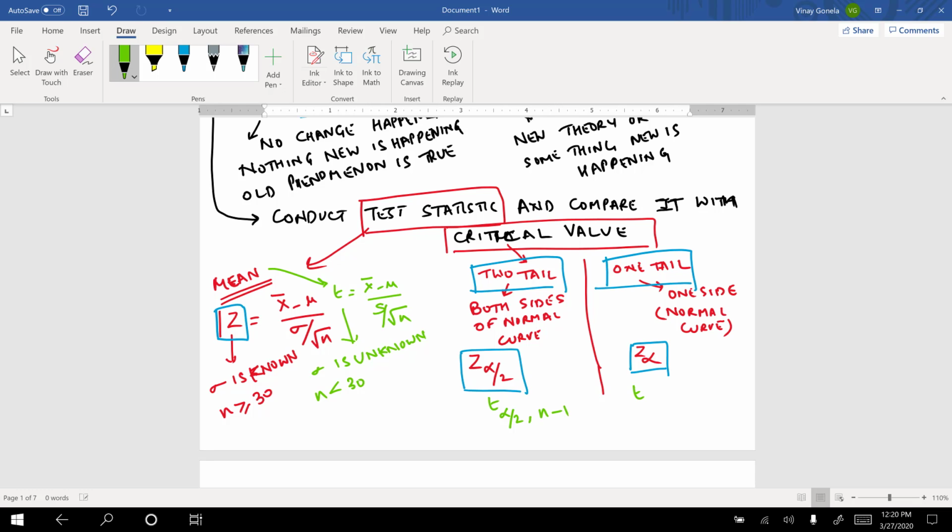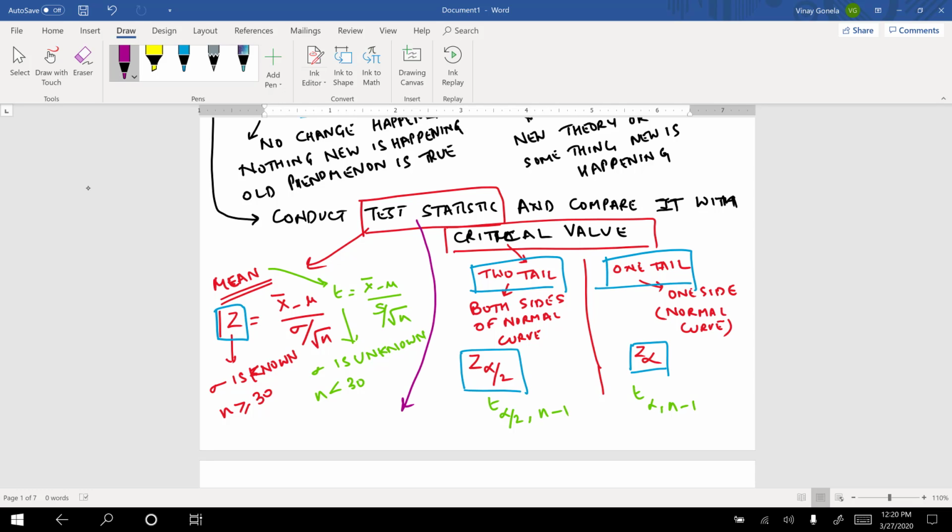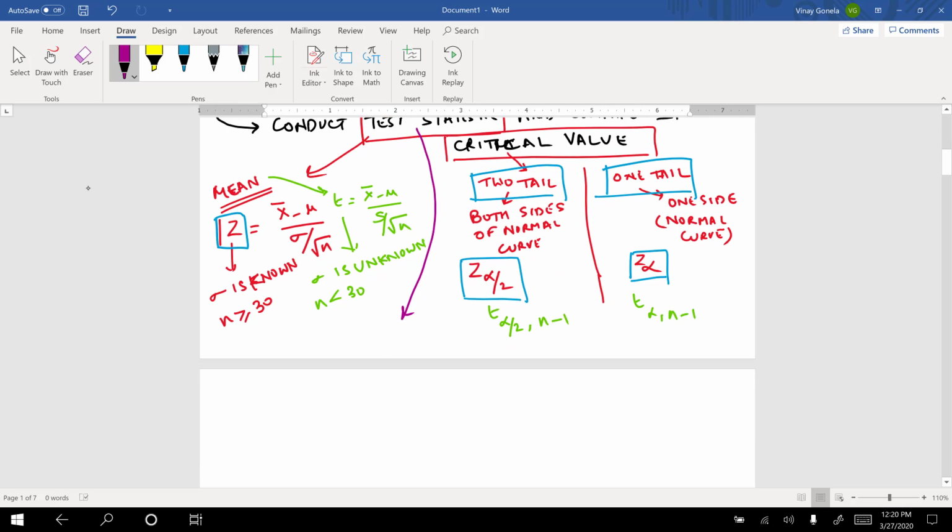And for one tail, this is t alpha with n minus 1. And finally, the test statistic for proportions.